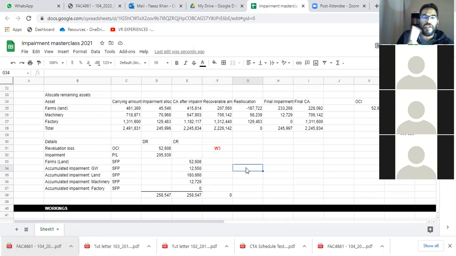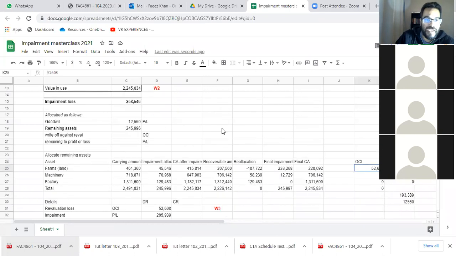So what's important to take note? There's a few important principles to be aware of. The important principle is that a revaluation does not mean that the remaining impairment is 245,000 that you will first write off fully against the OCI.